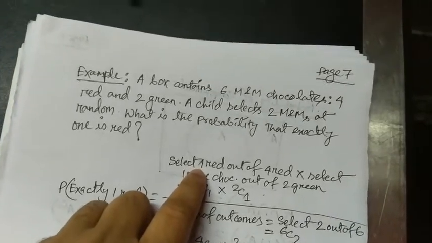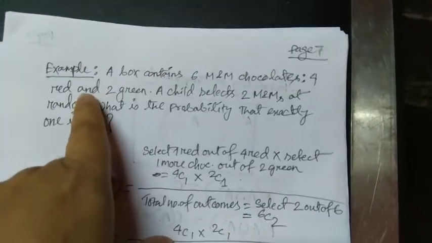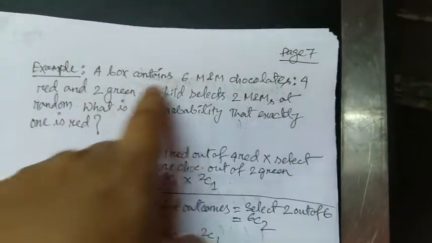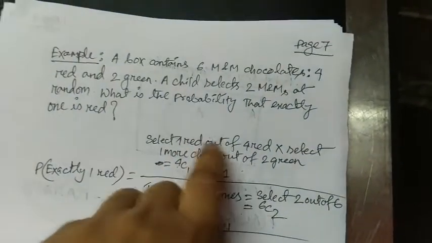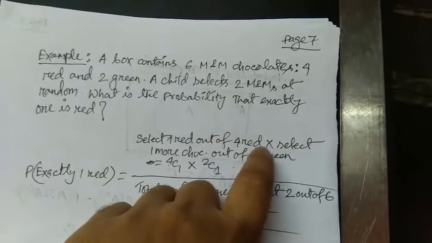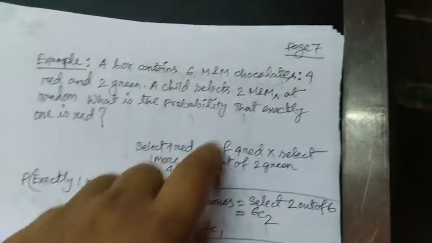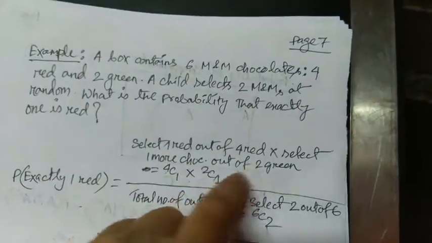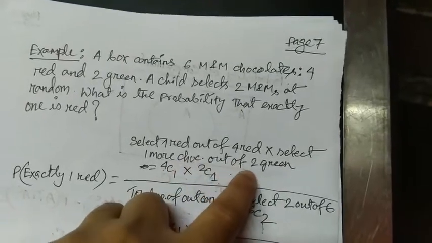That means the child needs to select one red chocolate out of 4 red chocolate. Since the child needs to select 2 chocolates, the child will select one more chocolate. That means select one more chocolate out of 2 green.